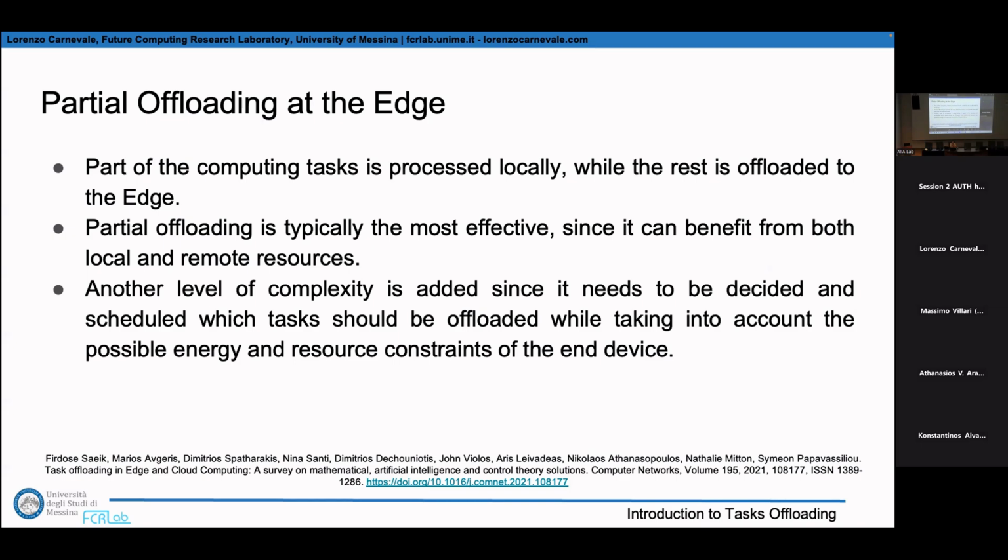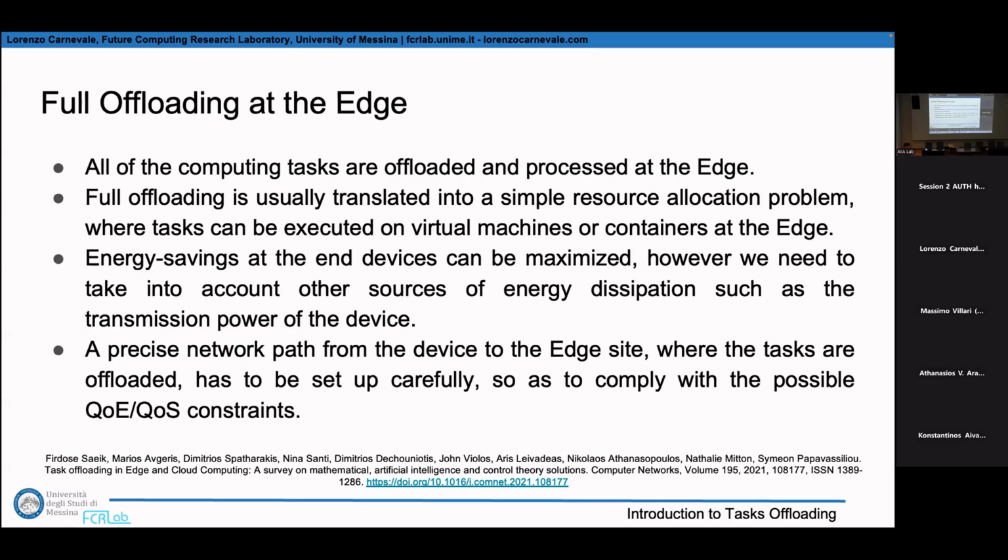This is very important because inside an end device we can have multiple tasks, of course, running concurrently, and we need to offload the specific task that cannot respect specific quality of service requirements of this device.